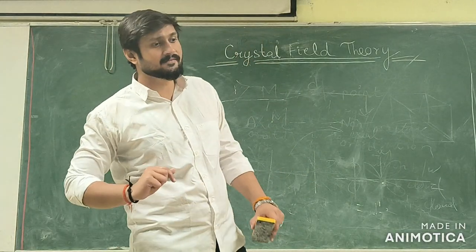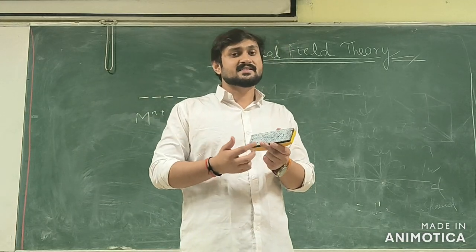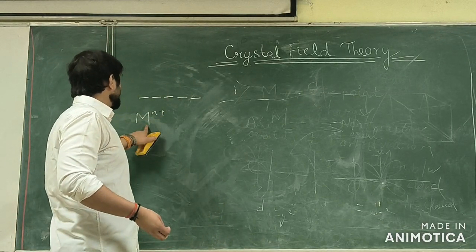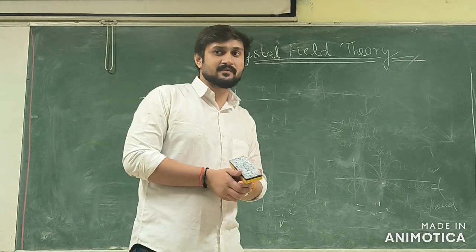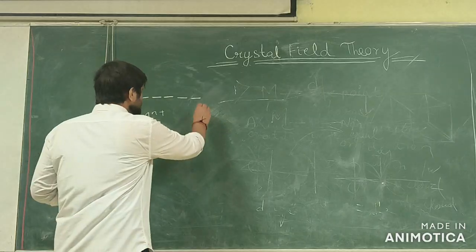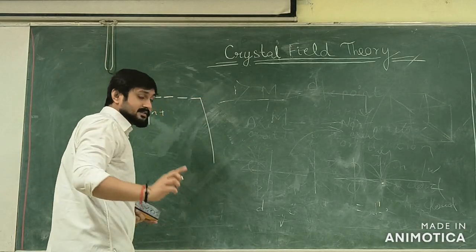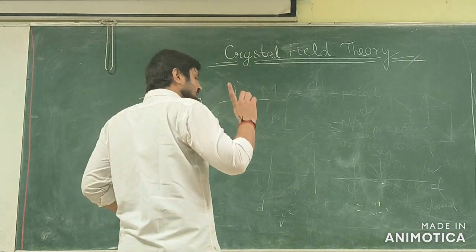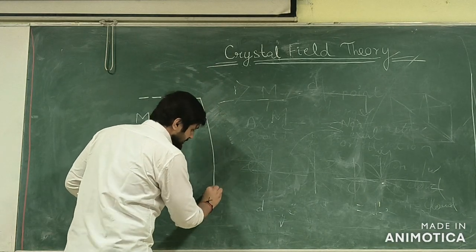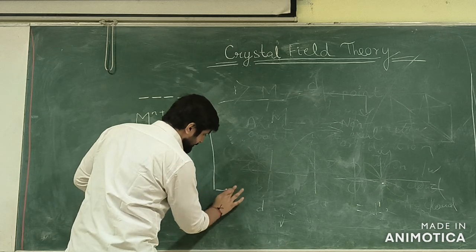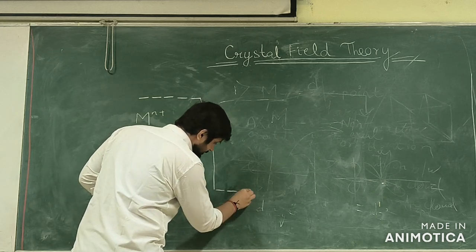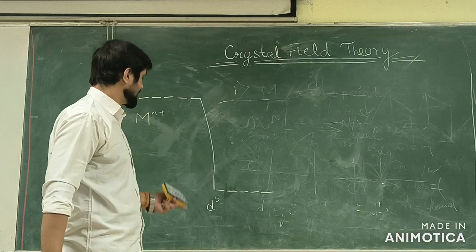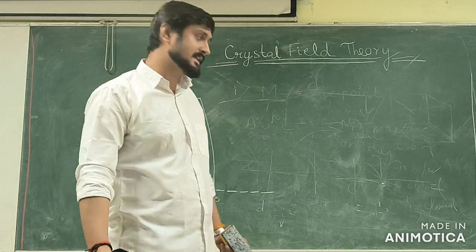Whenever there is an attractive force, it leads to stabilization. So these orbitals will get stabilized because of the attractive interaction between the metal and the ligand. Stabilizing means there will be a decrease in energy, and destabilizing means an increase in energy. So these are my d5 orbitals being stabilized because of attraction forces between the metal and the ligand.